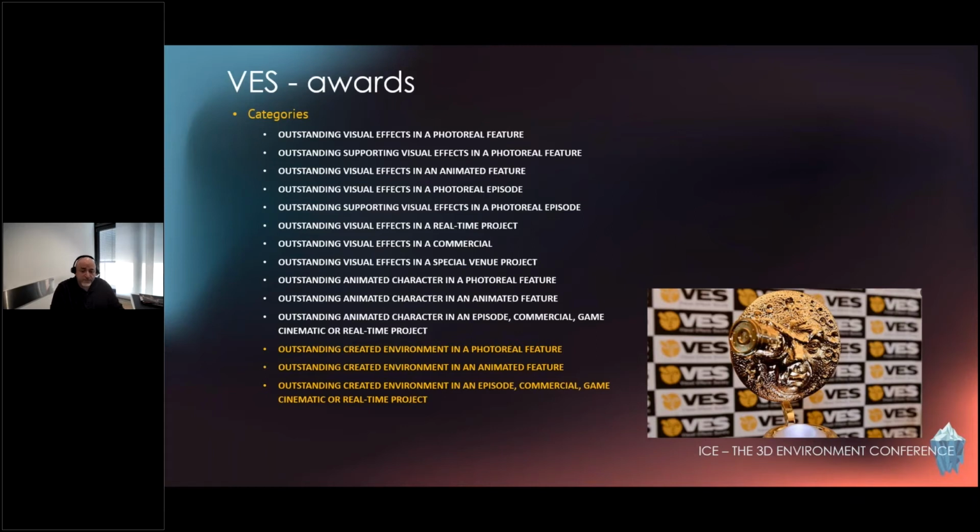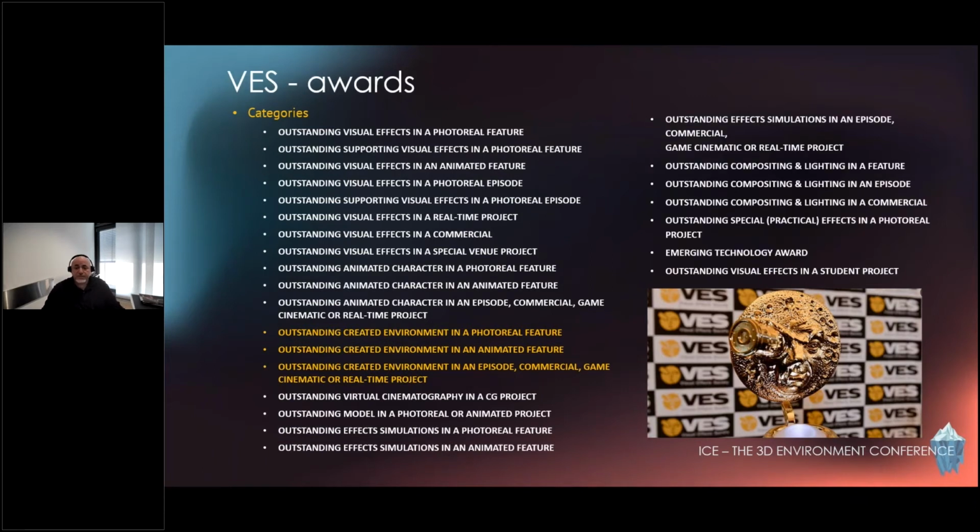One is environment in a photoreal feature, one is environment in an animated feature, and one is environment in an episode, commercial, game, or real-time project. And this is the list of all categories that will get prizes, and you can also submit your material. We also have, if you can see, the Emerging Technology Award, if you work on or invent something in technology that really helps our work.